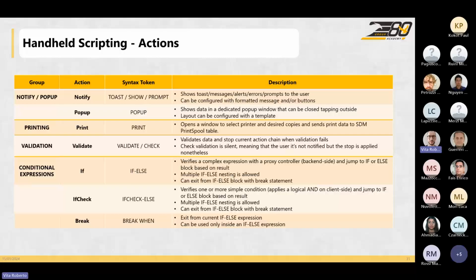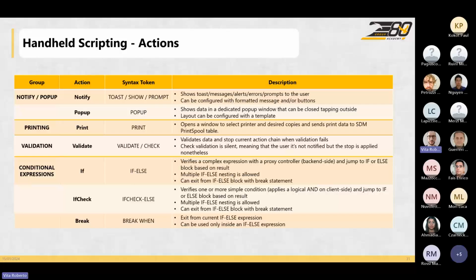Then last, we have conditional expressions, if, check, and break. If, of course, enables our application to do some branching decisions. So we can verify a complex expression with if-else statement.